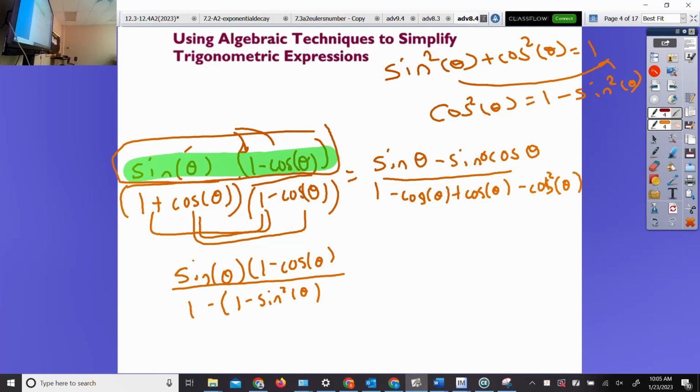What's the denominator become? You have 1 minus 1 minus a negative sine squared theta. That's sine squared theta, doesn't it? What'd you do with the numerator to get? I went backwards to what it was originally. I remember I highlighted this and I said I might go back to this.